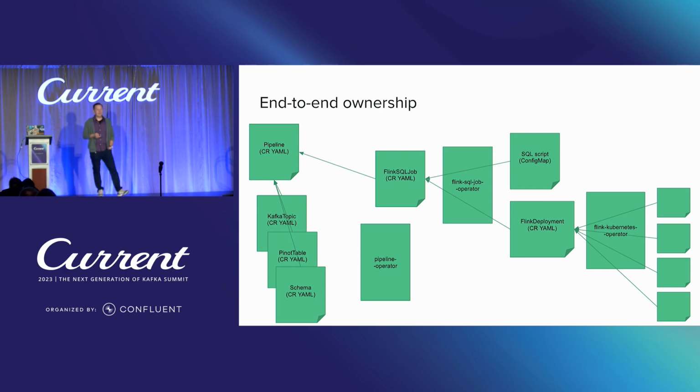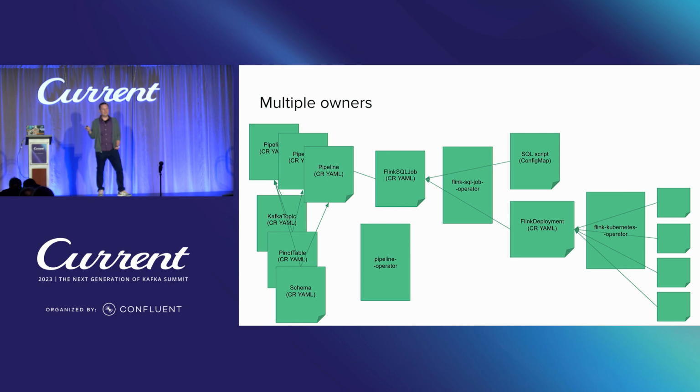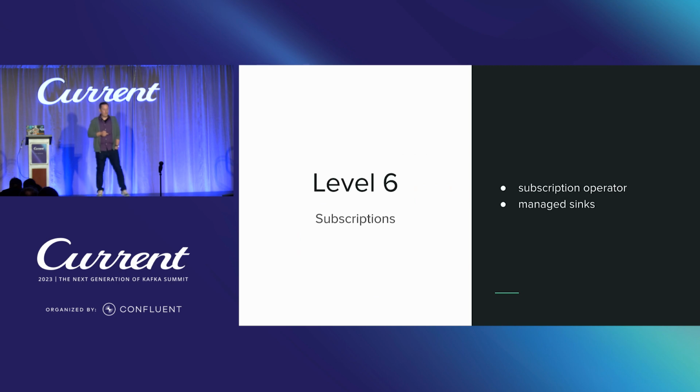Which means, of course, if I delete the pipeline, all this stuff gets blown away. But it also means that if I have, say, a Kafka topic owned by 2 pipelines, I cannot accidentally delete the Kafka topic and break one or more pipelines. Because Kubernetes will actually not let you delete a Kafka topic if it's owned by a pipeline, for example, right? So this is really powerful.